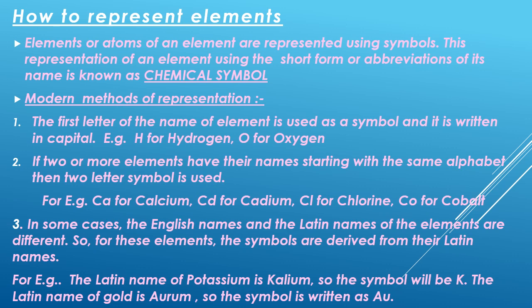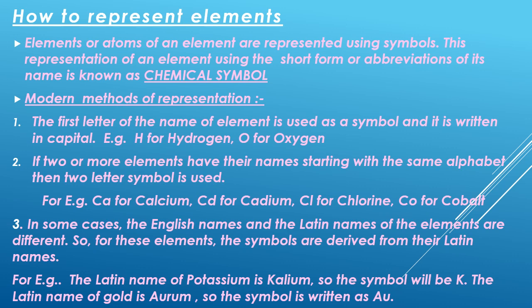The first step is that the first letter of the name of an element is used as the symbol, and it is always written in capital. For example, for hydrogen, H is used as a symbol, and for oxygen, O.